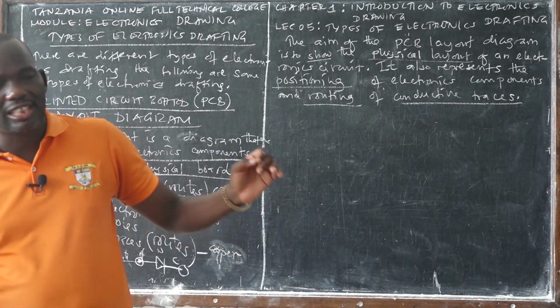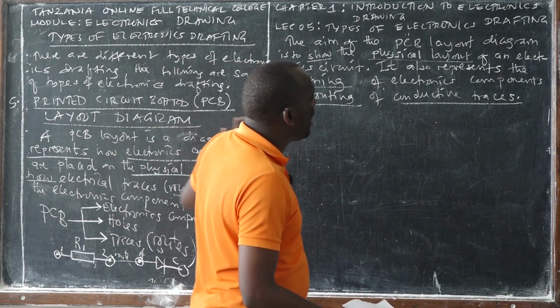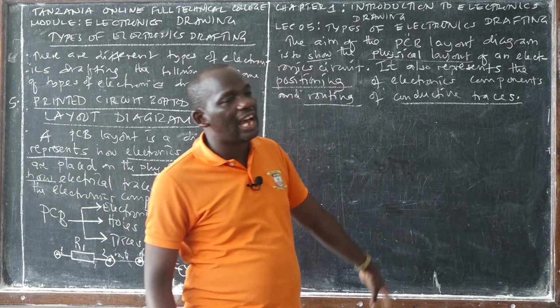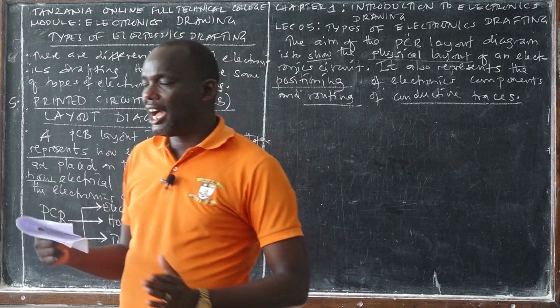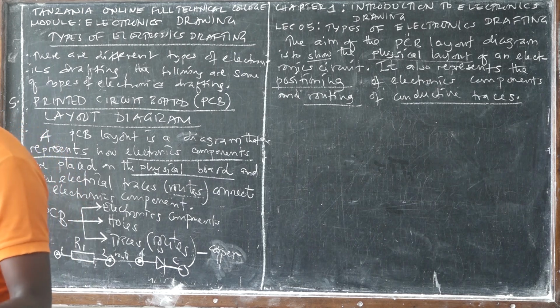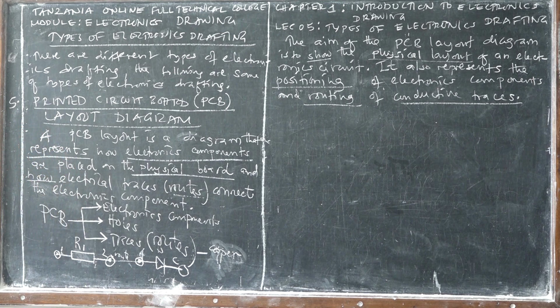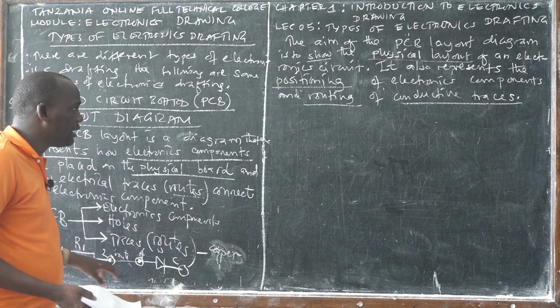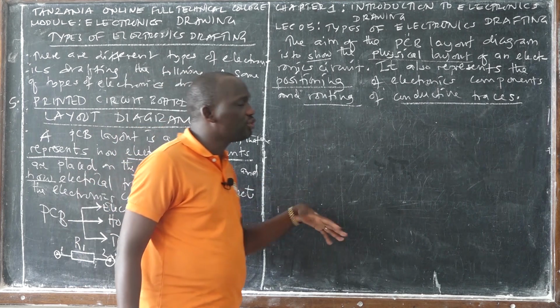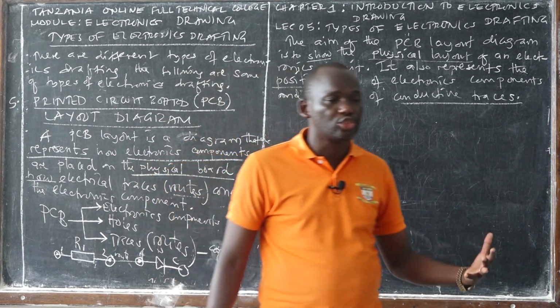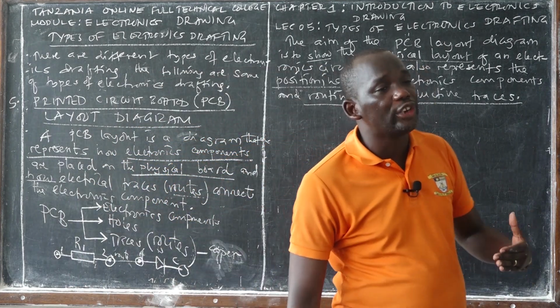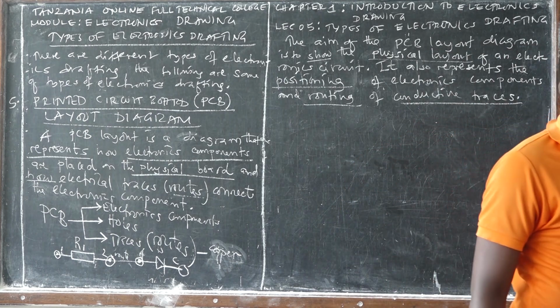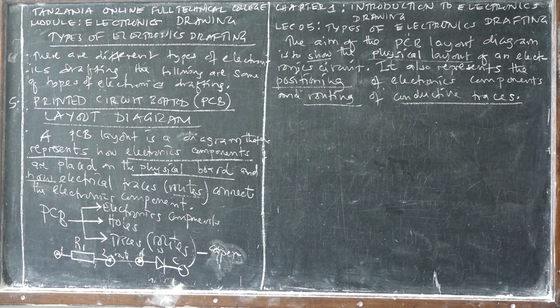When we talk about some other types of drawings, they explain in detail the idea. Why do we have this block? Why do we have these components? Why should we interconnect them in this style? What is being done in this component? The PCB layout is not focusing on the functionality of the electronics components. It focuses on the positioning of electronics components on the board and the routings.